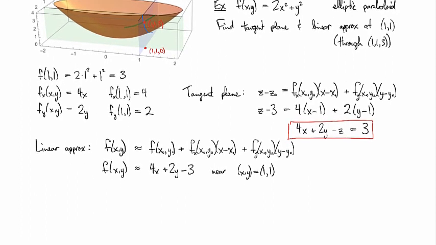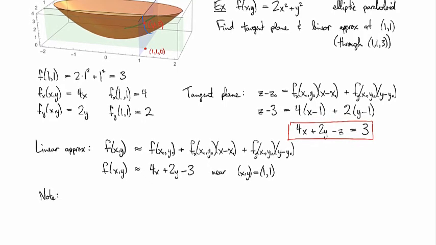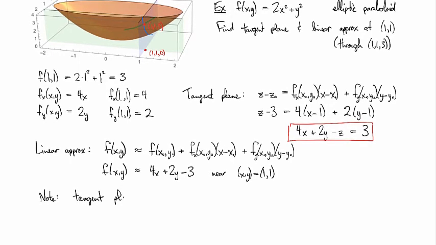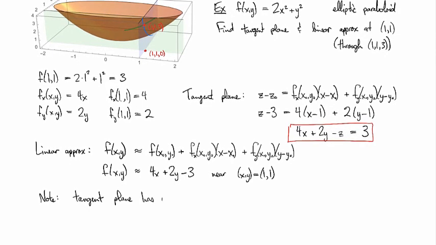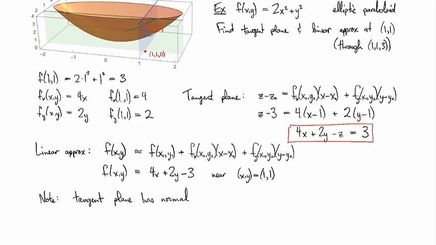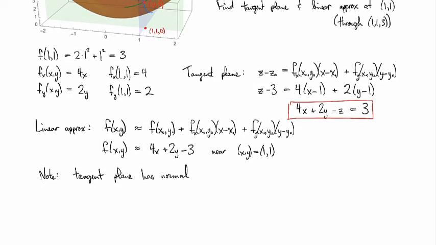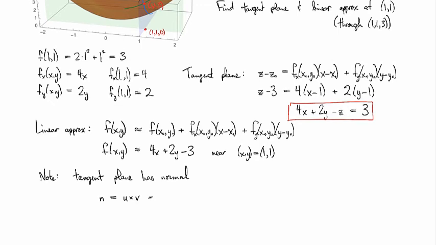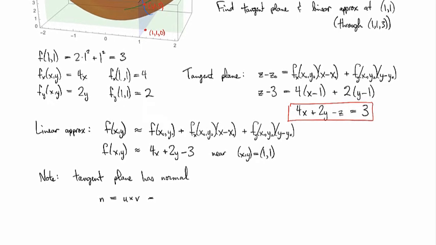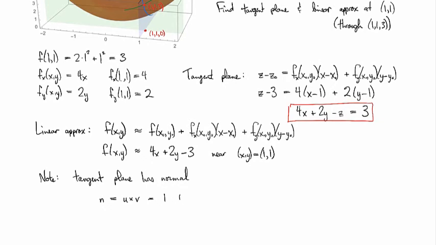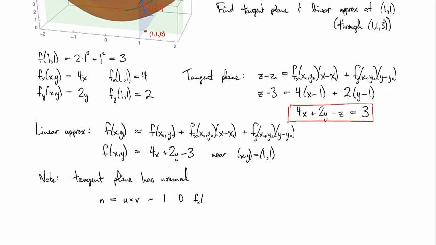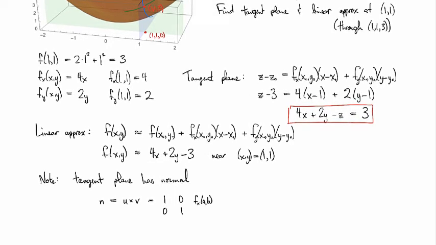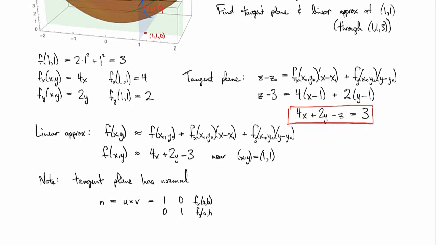And so it might be worth pointing out that the tangent plane has normal vectors. So how do you find the normal vector? You do the old cross product. So the normal is going to be u cross v, which we can compute as follows. u is going to be 1, 0, and then our x derivative at a, b, and then v is going to be 0, 1, and then our y derivative at a, b.